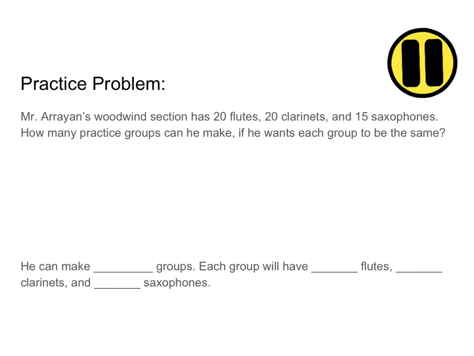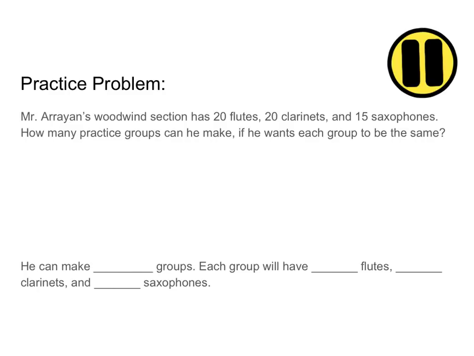Okay, so now we're at the practice problem. So Mr. Ryan's woodwind section. Woodwinds are the instruments that you play using air that are also traditionally made out of wood. So not trumpets, not the brass instruments.